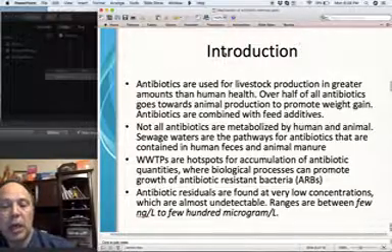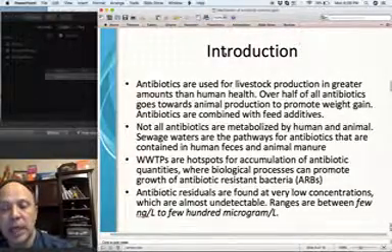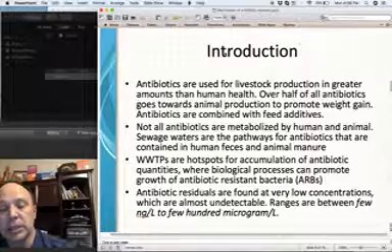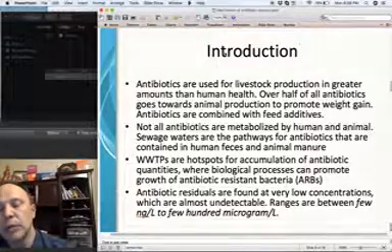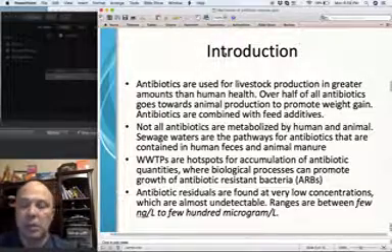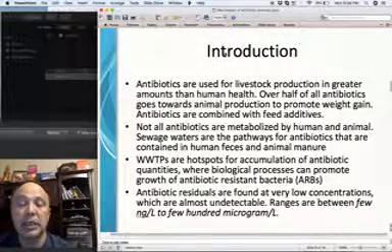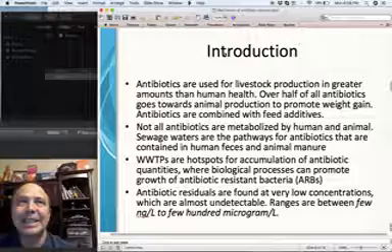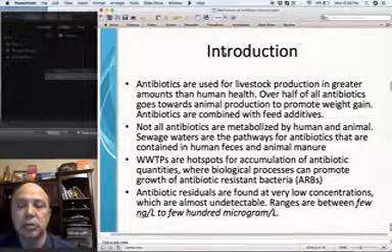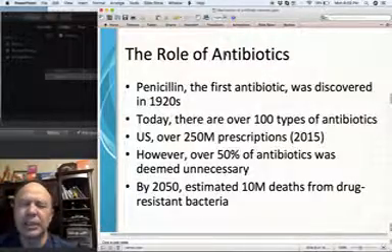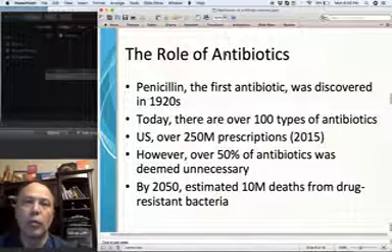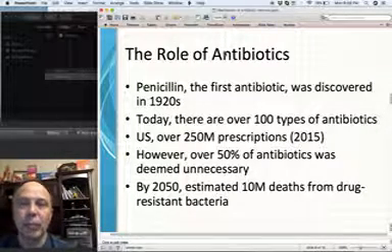So antibiotic residuals are hard to detect. Sometimes they're undetectable because ranges can be as low as a few nanograms per liter. So just because they're not detected doesn't mean it's not in the source. It doesn't mean it's not in whatever you're studying or measuring.